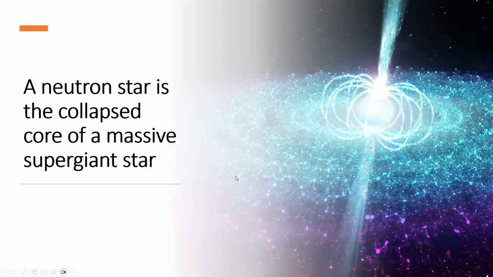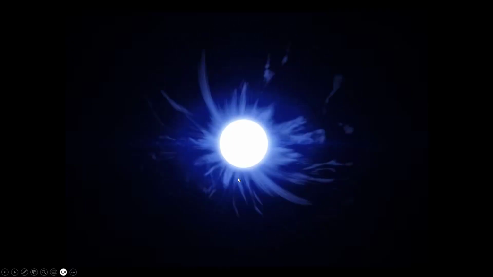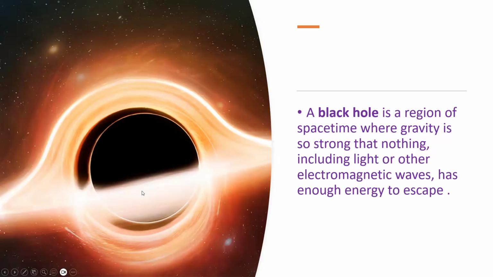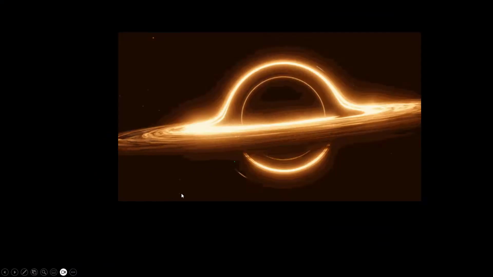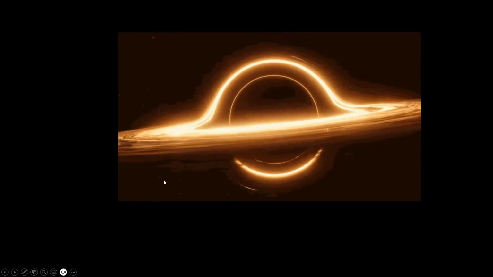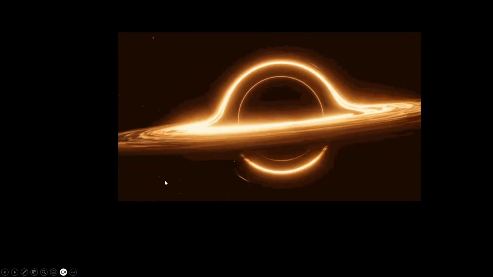Now, a neutron star is the collapsed core of a massive supergiant star. This is basically a huge structure in the universe. Now, the other option is a black hole. A black hole is basically the output of a supernova, and it is just like a very common member of many fiction movies.